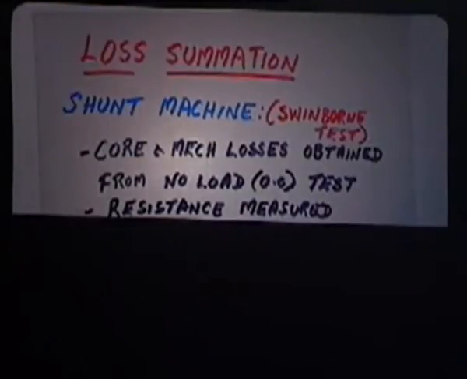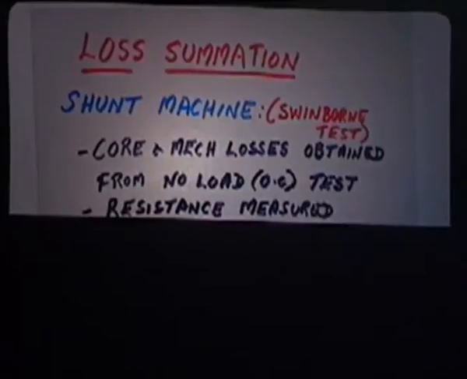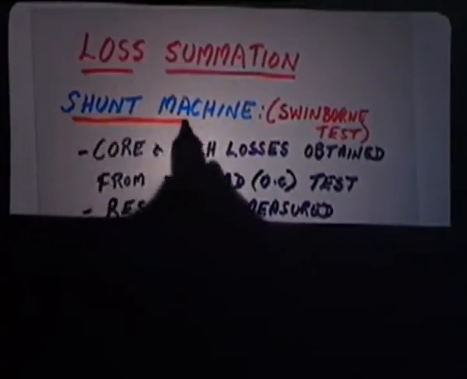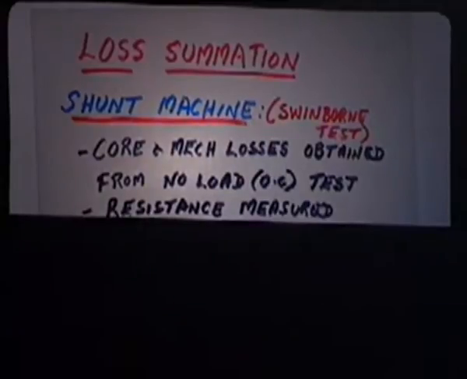First, let us look at the shunt machine. In a shunt machine, what are the tests that you can conduct? This test is called a Swinburne test. Here, we obtain core and mechanical losses from the no load test or open circuit test.